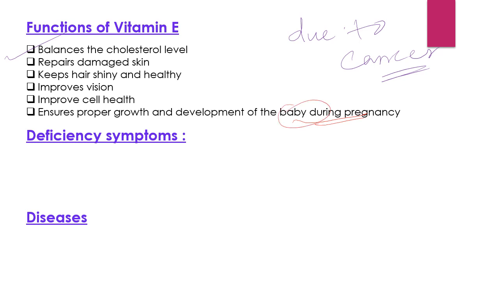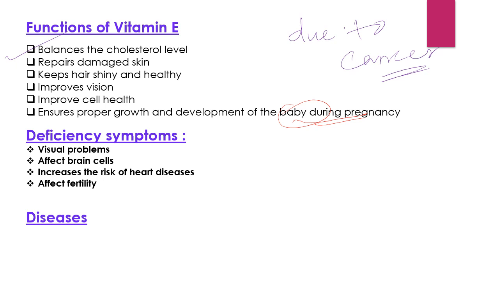Look at the deficiency syndromes or symptoms. Visual problems take place. Secondly, it affects brain cells. Number third, it increases the risk of heart diseases. Number fourth, it affects fertility. Number fifth, it also weakens the muscles and creates muscle pain.